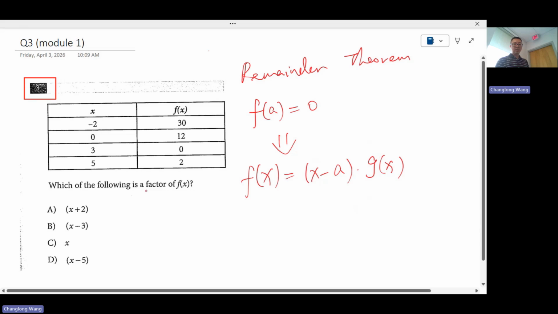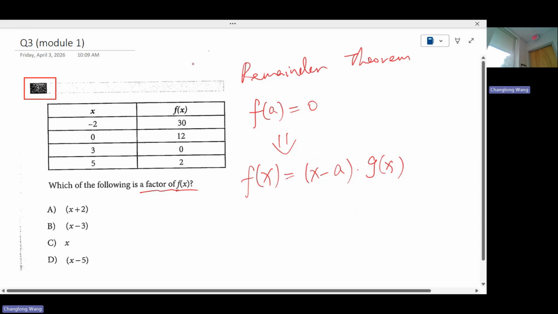And that's why you're trying to get that factor based on the chart, right? They pick a few values of x. They tell you that the function of x will be either 30, 12, 0 or 2. But you see that from the Remainder theorem, you should be looking at the third row.